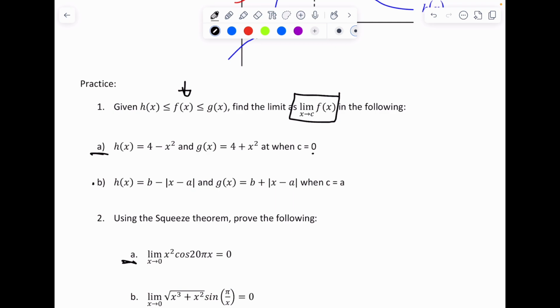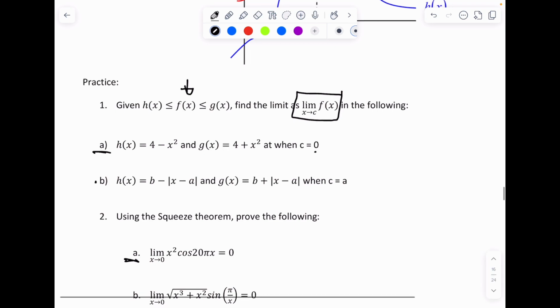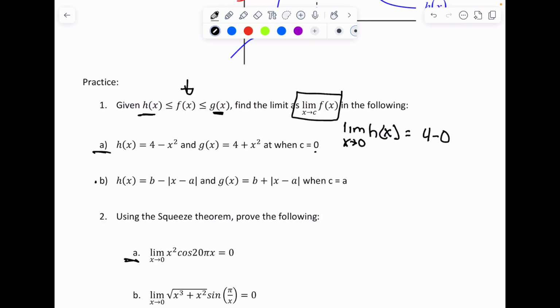So to do that, because h of x is less than g of x, we would begin by looking at the limit as x approaches 0 of h of x. And to find this limit, we could just do a direct substitution. And we see that that limit is 4.